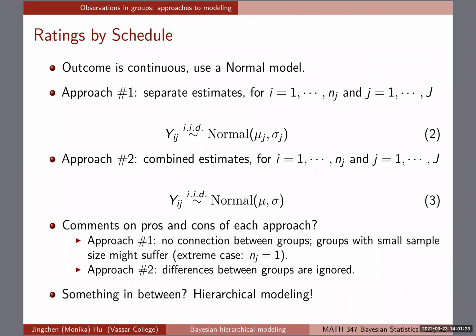Then, of course, like I said, the lecture itself is on what we call hierarchical modeling. So we're going to try something in between the two approaches. We're not entirely taking approach 1 or entirely taking approach 2, but something in between, where we still respect the fact that observations could be quite different within each of the schedules or groups that we're identifying.